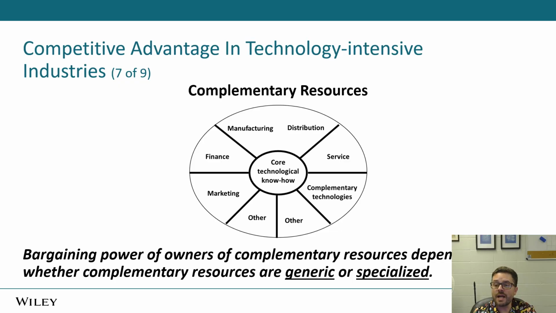But sometimes, if it's a very expensive product, the provider of finance might capture quite a bit. Maybe you have marketing partners, complementary technologies. If you are making DVDs, you probably aren't the same company that's also making the DVD players, although you might be, but there'll be different firms in both of those.